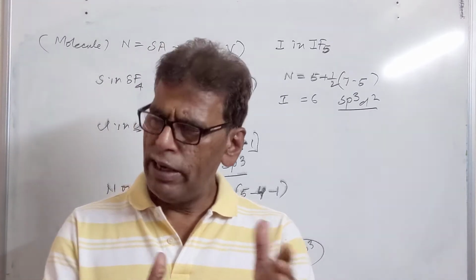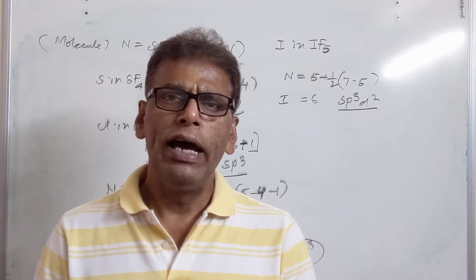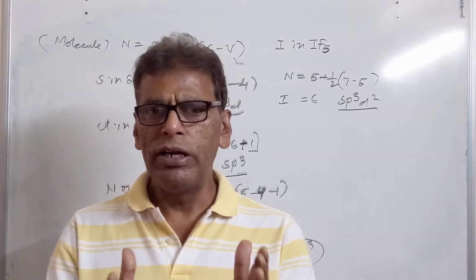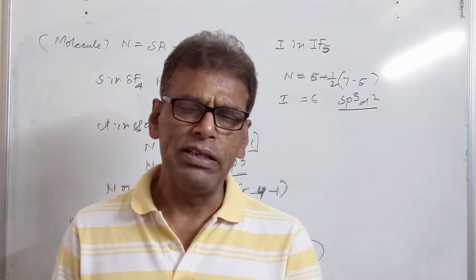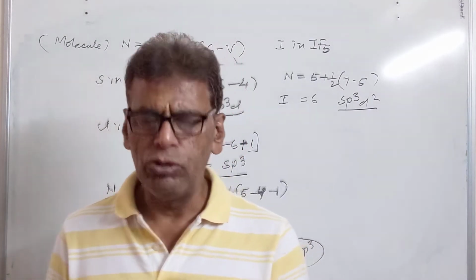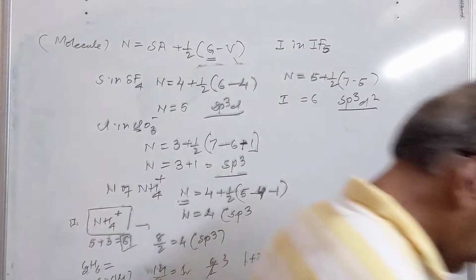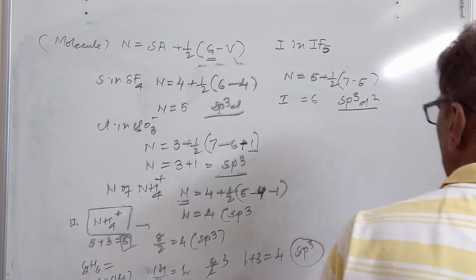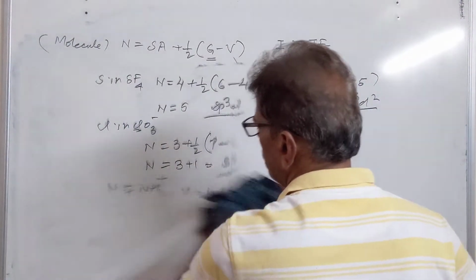And if you have a remainder in the first case, that remainder is to be divided by 2, and then we add the quotient and the result, and if any remainder is left, that is also added. From the number we are able to identify the hybridization in the central atom. So this is the way to explain the hybridization in the central atom. Now we come to another question.